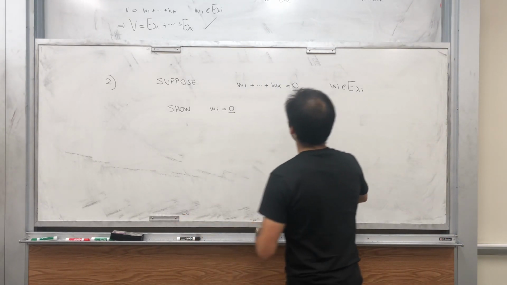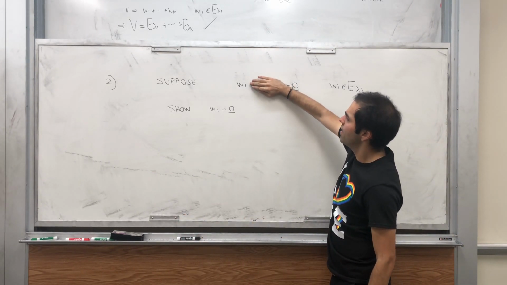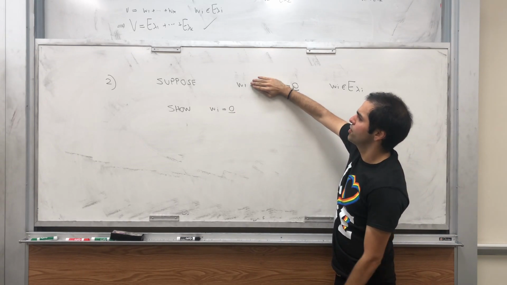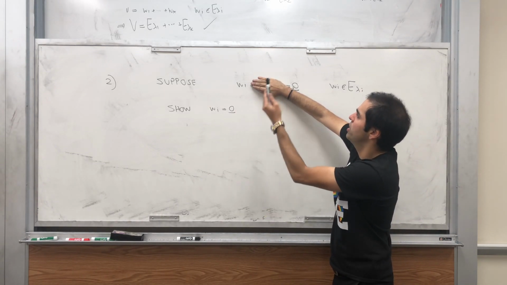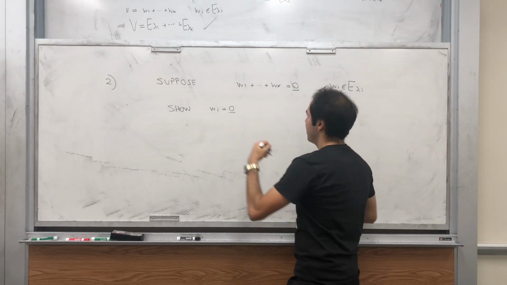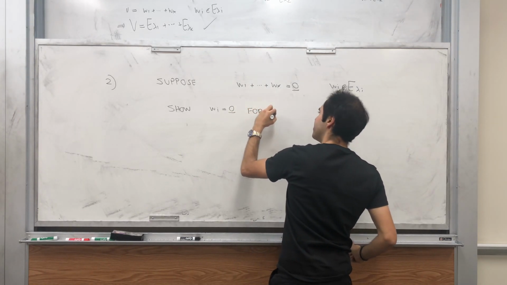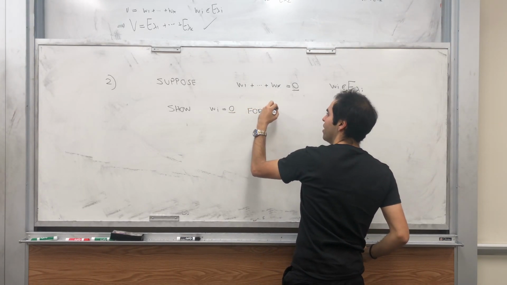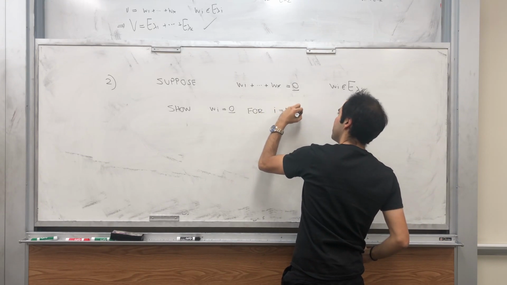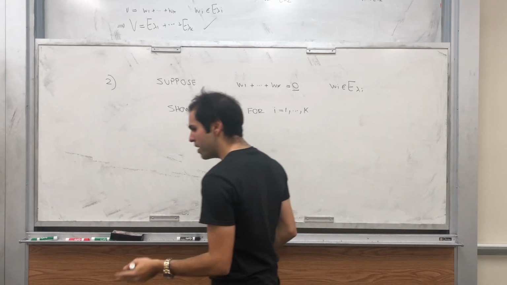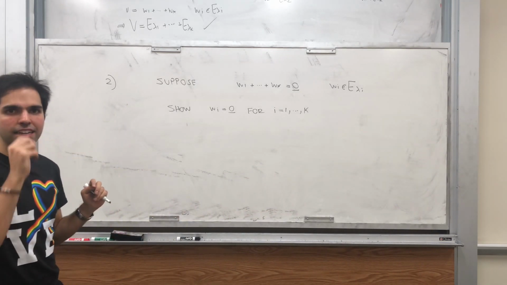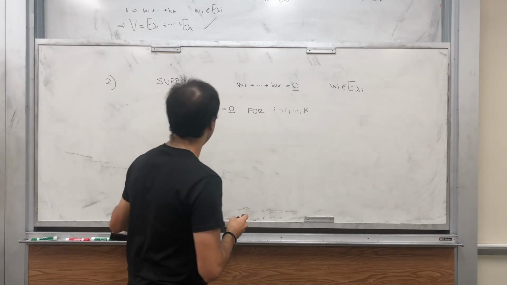So if you want to do induction on k, well, for the first case, there's nothing to prove because W1 is 0. For the induction step, assume it's true up to k minus 1, and let's show it's true for k.